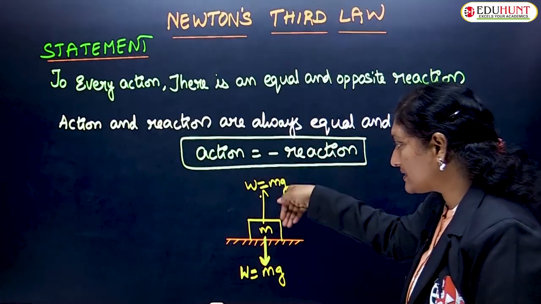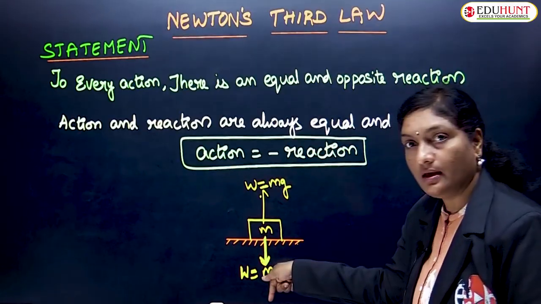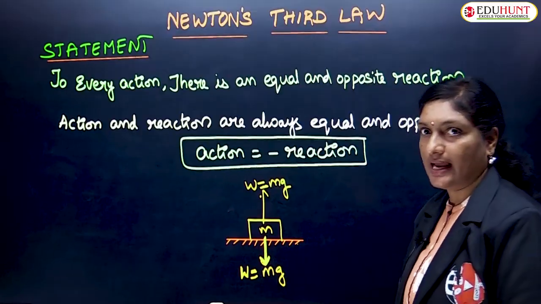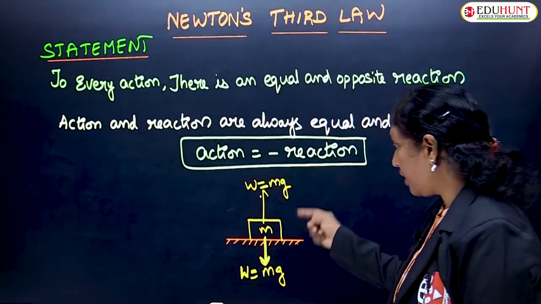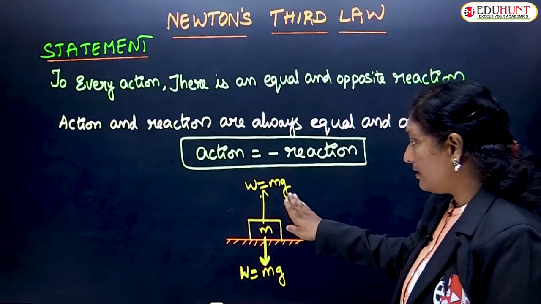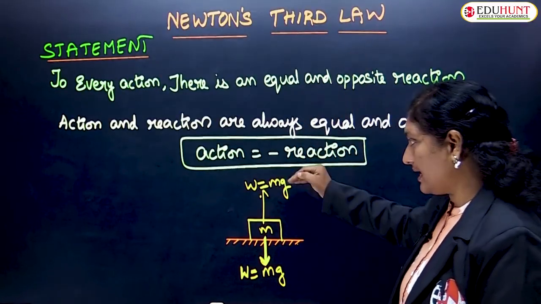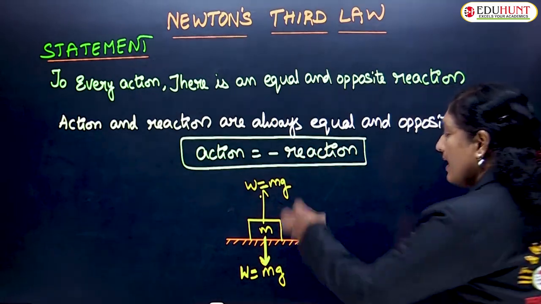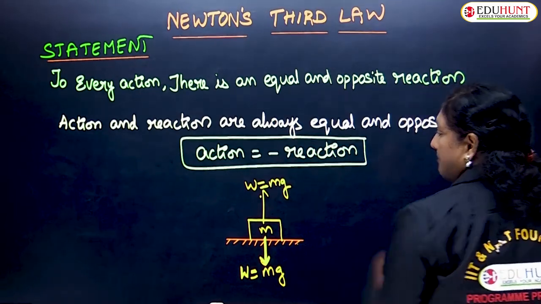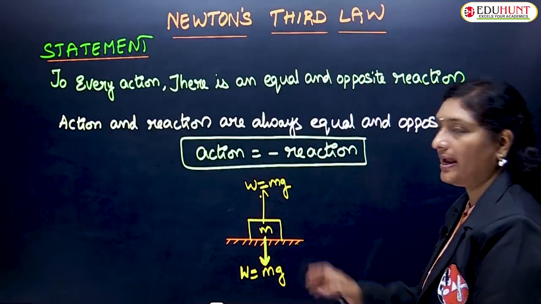The force exerted by the block on the ground is mg in the downward direction, but the force exerted by the ground on the block is equal to the same amount, that is mg, but in the opposite direction. So clearly mg downwards, mg upwards, direction is opposite but magnitude is mg.